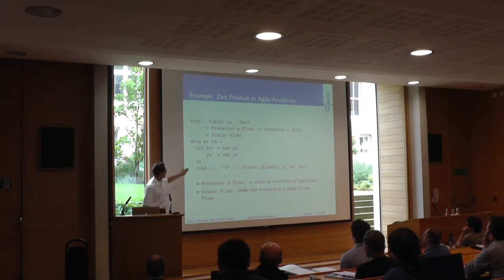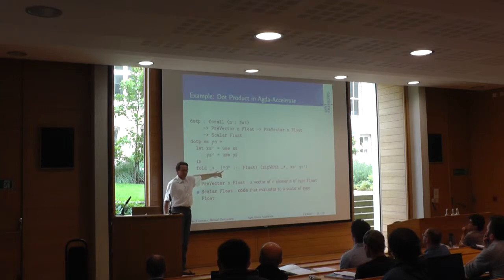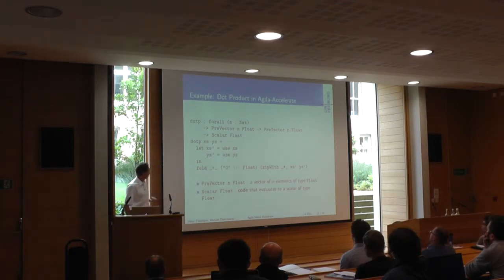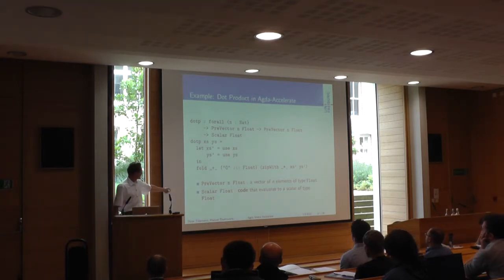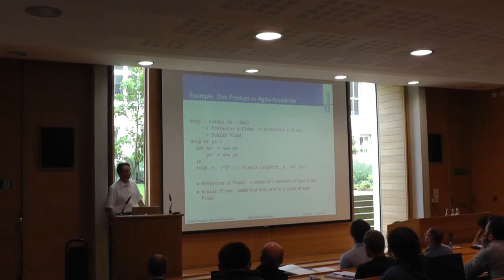Apart from syntactic differences and some workarounds, because Agda doesn't have this nice way of overloading constants, which is a bit worrisome, you can write this example quite nicely. This prevector is a real vector of n elements of type float, and then the scalar is a reference to a piece of code that evaluates to such a scalar.